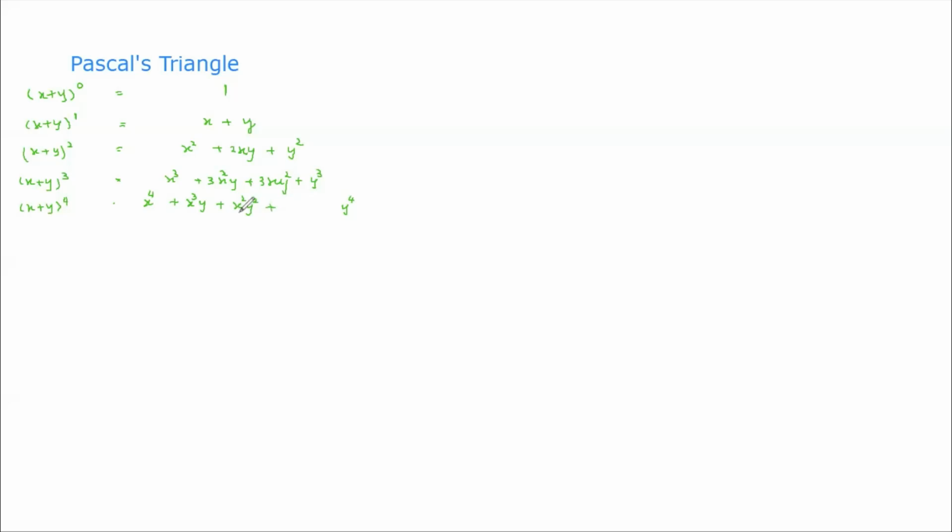And plus x power 2 already, next should be x power 1 and y power 1, 2, and this one should be power 3. And then plus y power 4. So you observe power 4 is going to have 5 terms: 1, 2, 3, 4, 5. And you see the index: x power 4, x power 3, x power 2, x power 1; y power 4, y power 3, y power 2, y power 1.